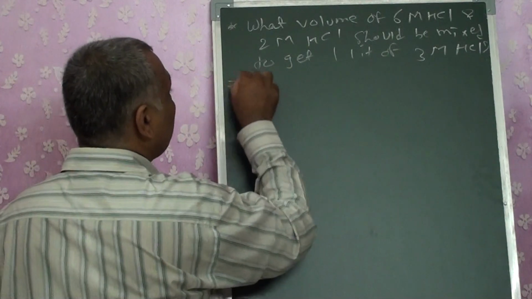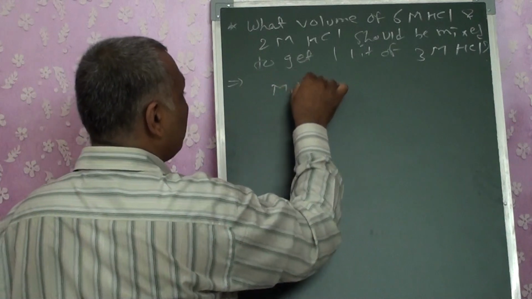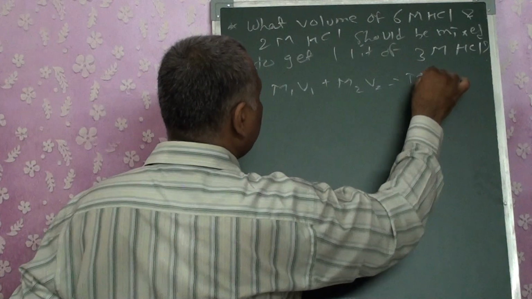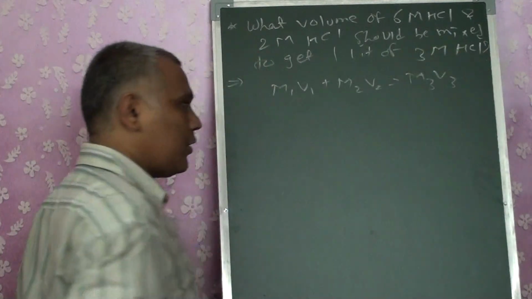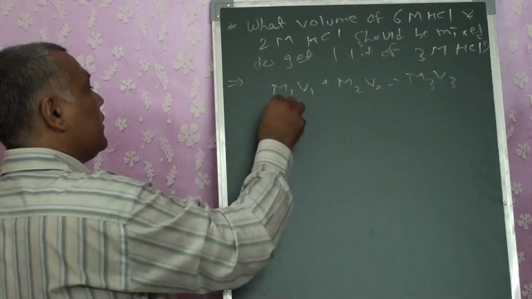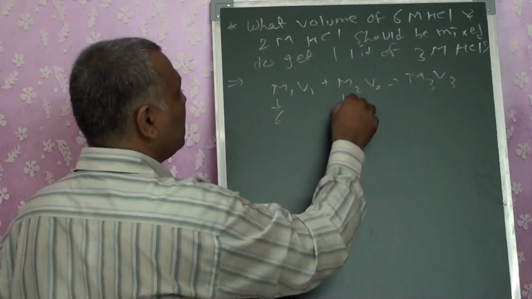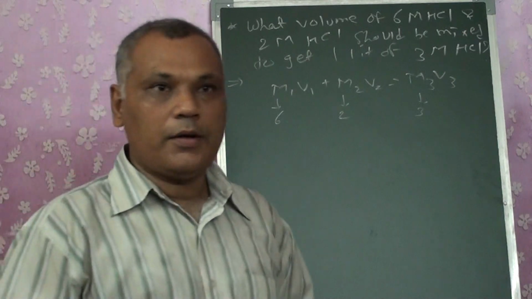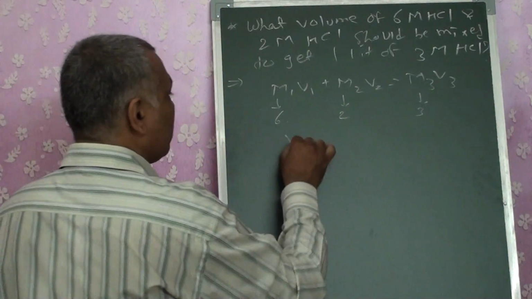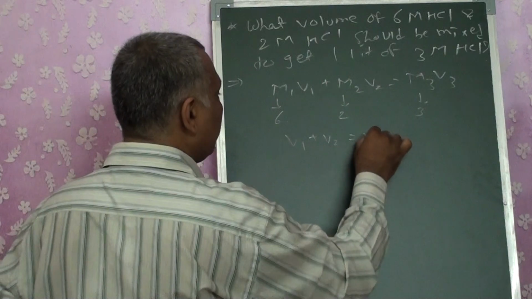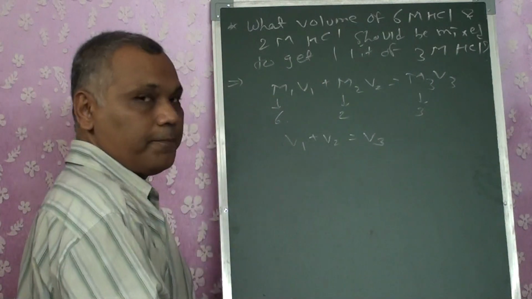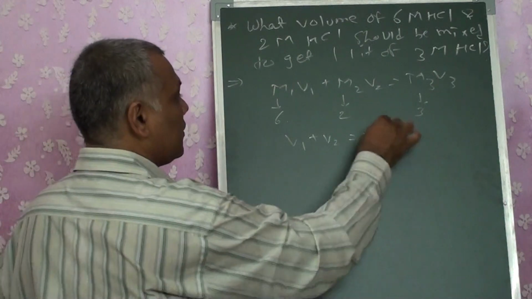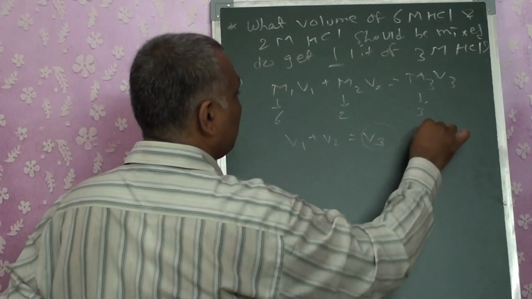So the formula is M1V1 plus M2V2 equals M3V3. For this, it's told to me this is 6 molar, this is 2 molar, total is 3 molar. Now we already know V1 plus V2 equals V3, right? And the total V3 is given to us as 1 liter.